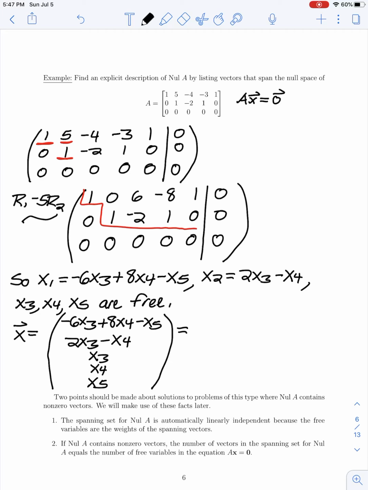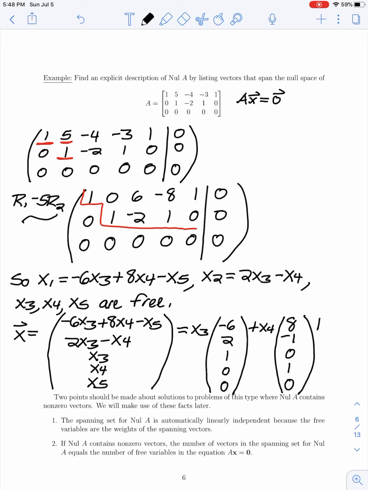So we can rewrite this vector as a linear combination of 3 vectors where the weights correspond to our free variables. That would be x3 times the vector (-6, 2, 1, 0, 0), plus x4 times the vector (8, -1, 0, 1, 0), and x5 times the vector (-1, 0, 0, 0, 1).